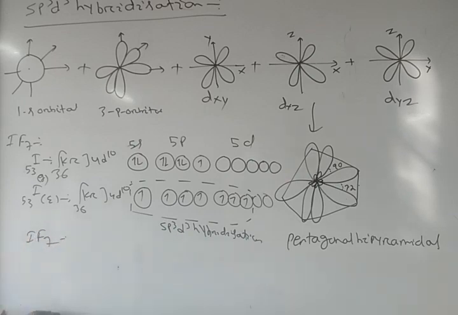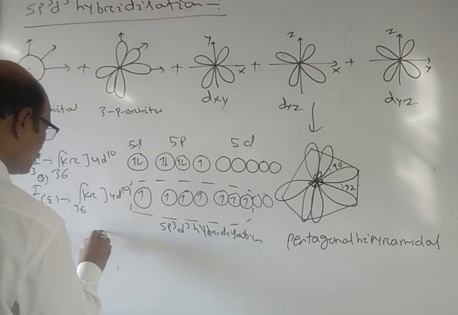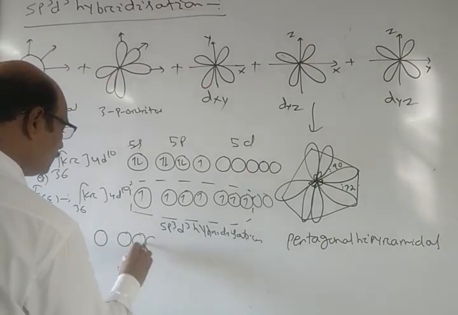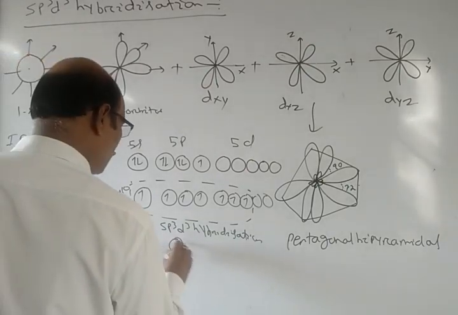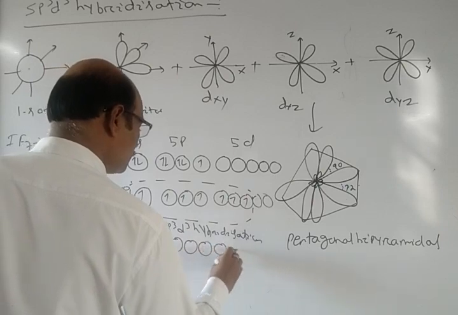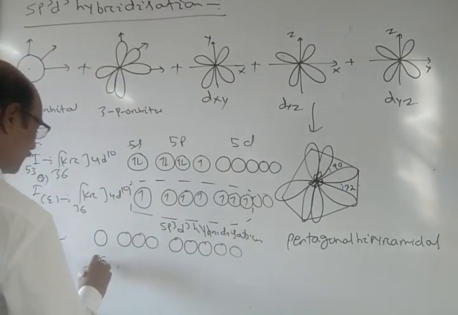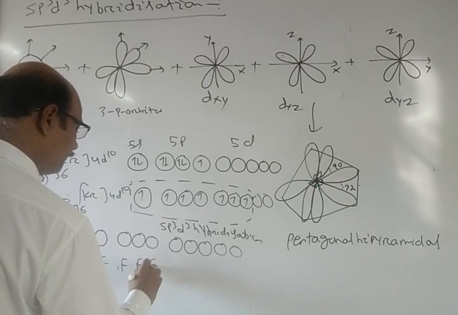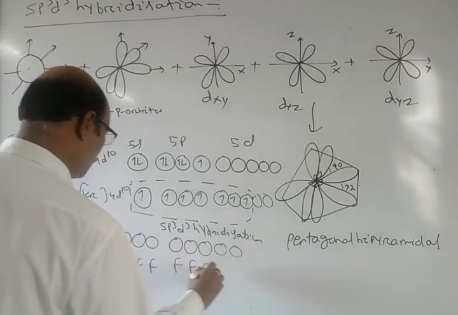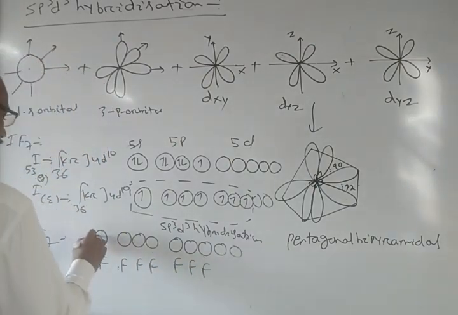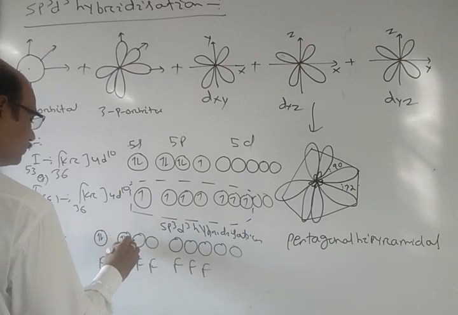Now if I take IF7, then what will happen? 1, 2, 3, 4, 5, 6, 7 fluorine atoms.